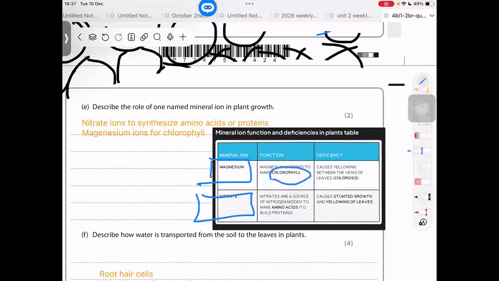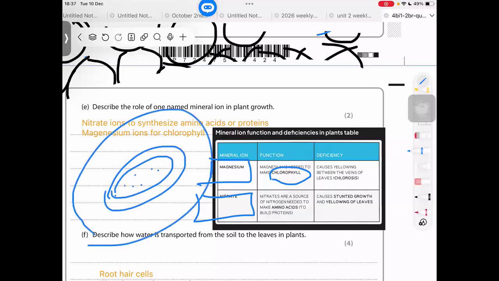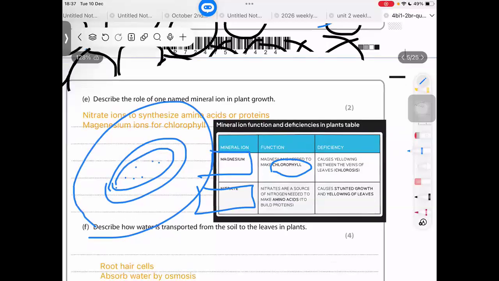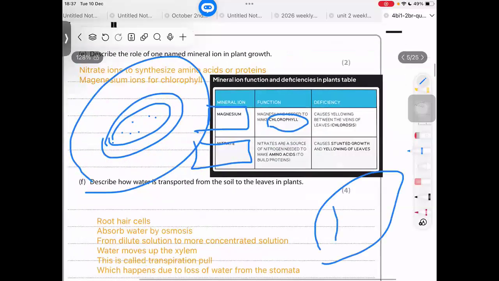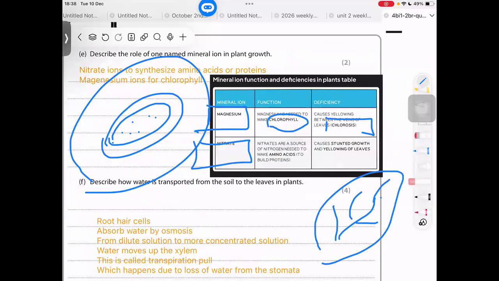Magnesium is used to make the photosynthetic pigment called chlorophyll, which is inside the chloroplast of a cell. If a plant doesn't have magnesium, that would cause the yellowing between the veins of the leaves, which means chlorosis. Chlorosis means lack of chlorophyll.